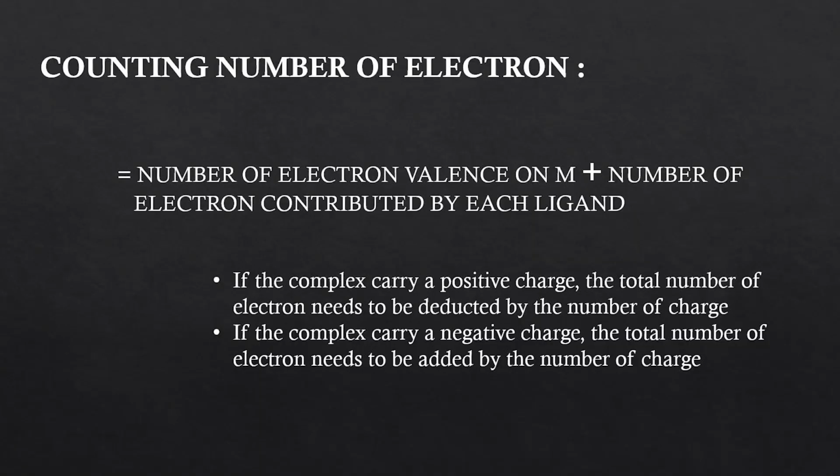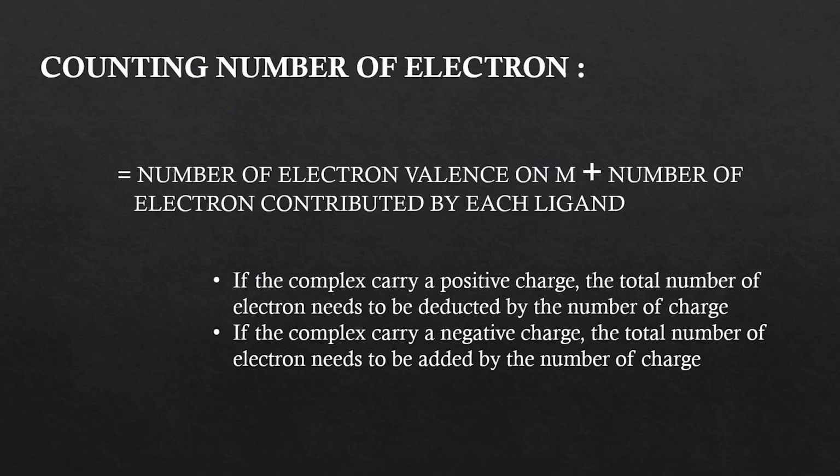How do you count this number of electrons? It's very easy. You just need to know the number of valence electrons on M, then you add the number of electrons contributed by each ligand. It's only two things there.